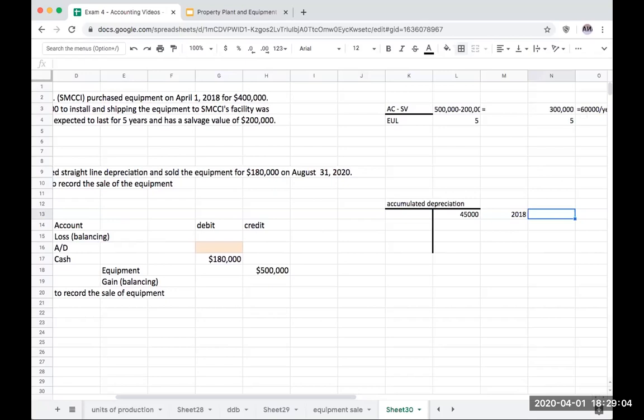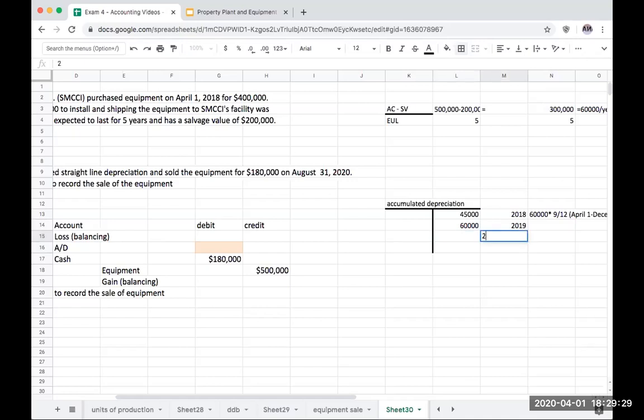Well, over here, I used the equipment from April 1st through December 31st, or for 9 months. For 2019, I increased my accumulated depreciation balance by the amount of depreciation that I took, which was $60,000 for the full year.